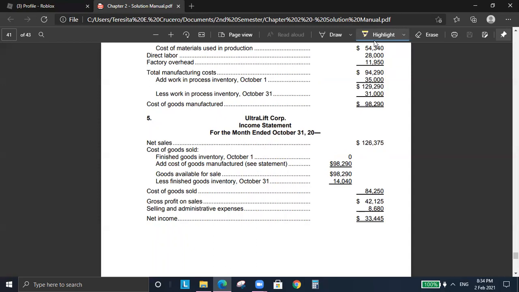Total goods available for sale, then we deduct the finished goods inventory October 31. The difference is your cost of goods sold, deducted from your net sales. So we have the difference as gross profit on sales, then deduct the selling and administrative expenses.